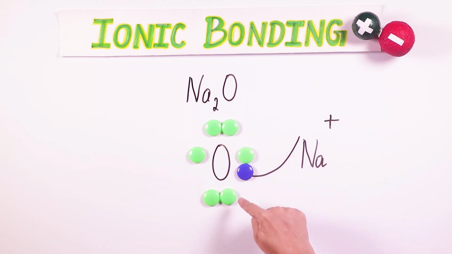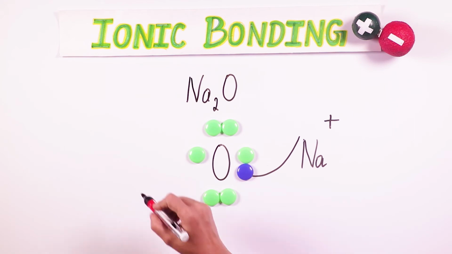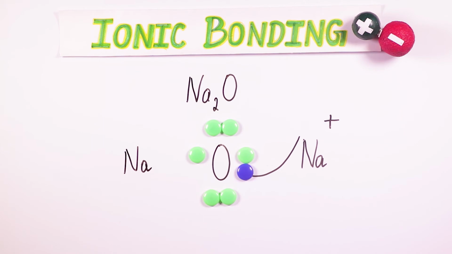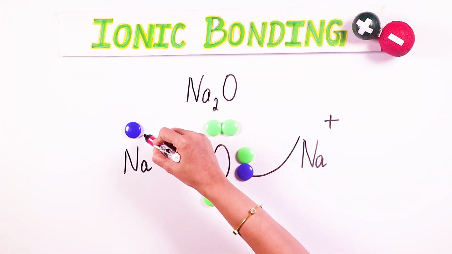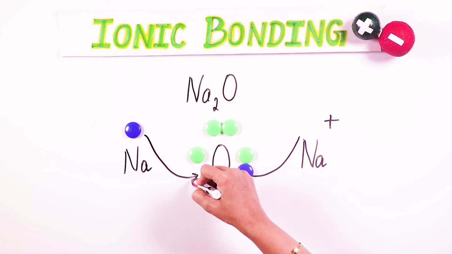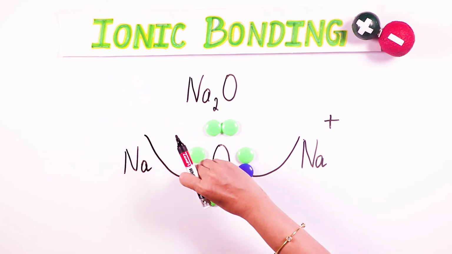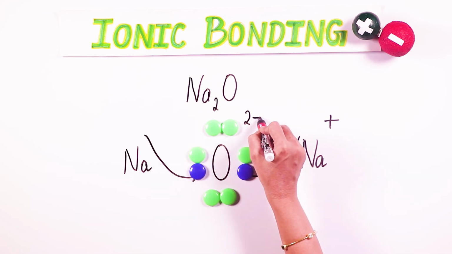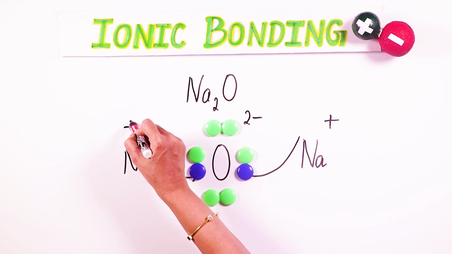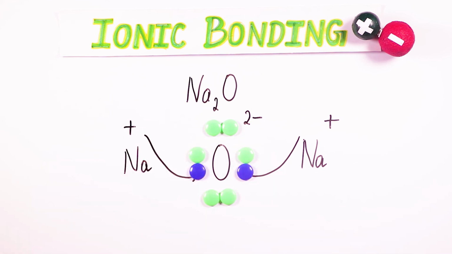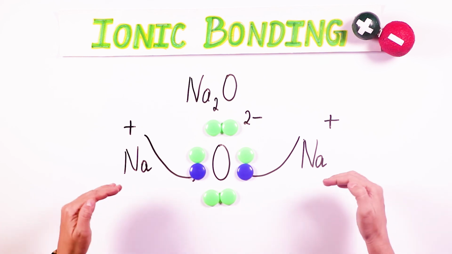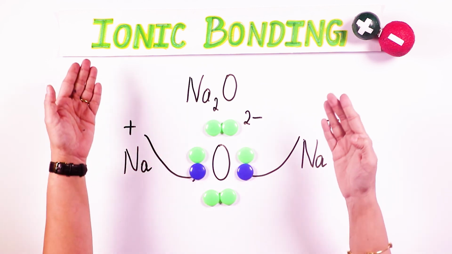Now oxygen's octet is not complete, so another sodium with 1 electron is going to completely transfer its electron into the valence shell, thereby making oxygen gain 2 electrons and get a 2 negative charge, and this sodium gets a positive charge. So here we have 2 cations and 1 anion, each of them are linked together by ionic bond.